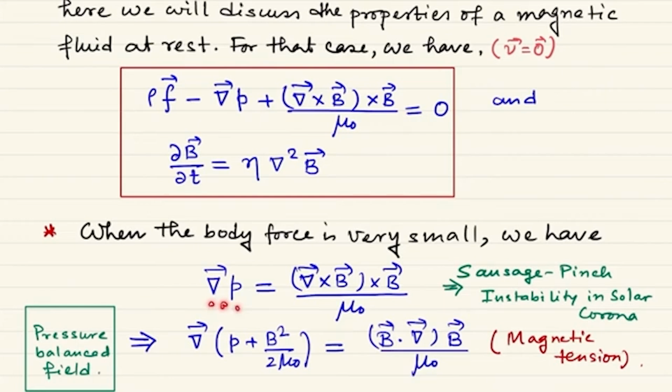That is, gradient of P is equal to curl of B cross B by mu 0.